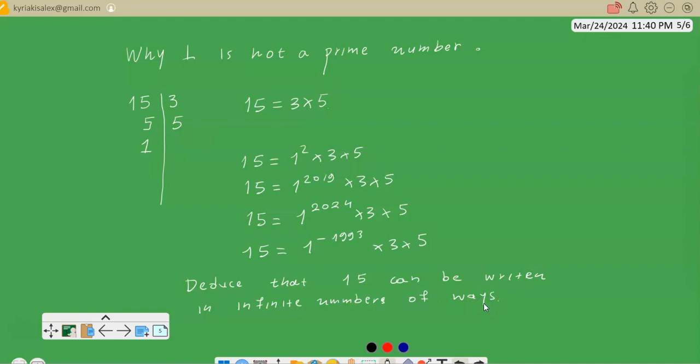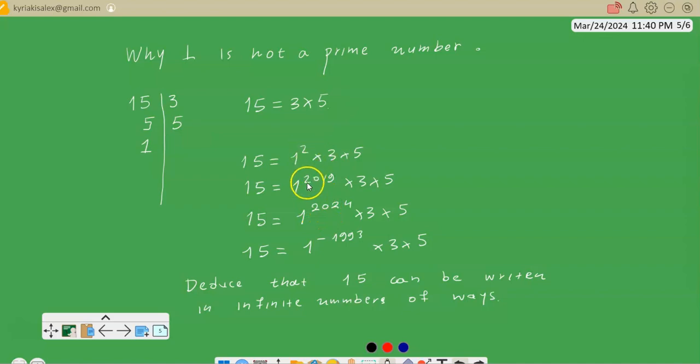But we know that when we have a positive integer, we can only have a unique representation when we write it as a product of its prime factors. But here, if we include 1 as a prime factor, we see that this is not true anymore, because 15 can be written using infinite combinations. This can be written in an infinite number of ways.